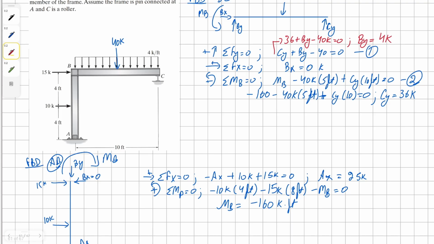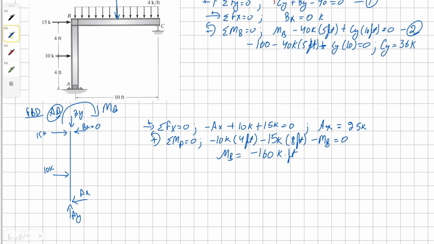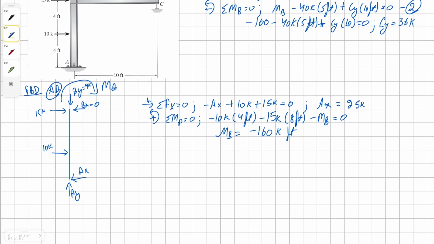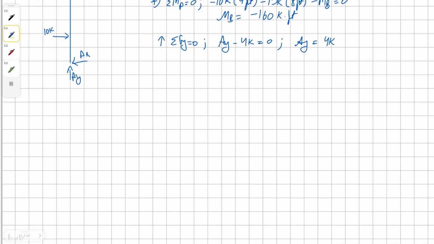Now that we have the value of By, we can plug it in and get the solution for Ay. So let's sum the forces in the y direction. We're going to have positive Ay minus 4K equals 0, and solving for Ay we have a solution of 4K. Alright, now that we have everything done, we can start plotting our shear and moment diagrams.